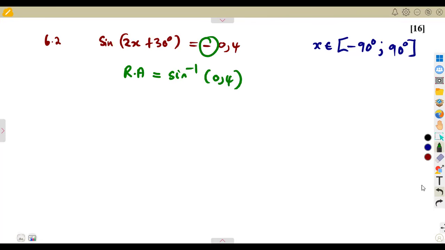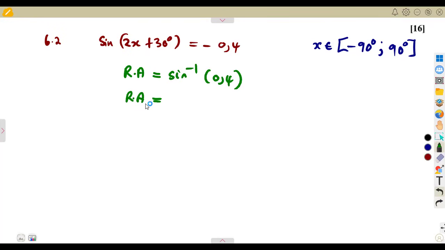You ignore the negative that you have. The negative represents the quadrant where the sine is located. So don't consider that negative there. So that is your reference angle in this case, the arcsine of 0.4. Like I say, do not consider the negative part.